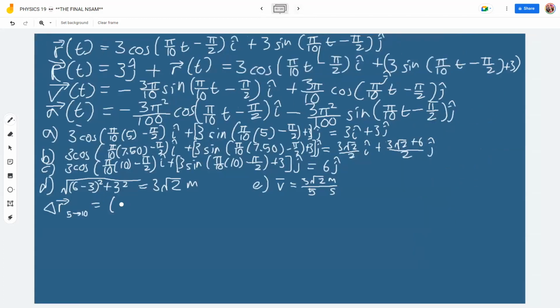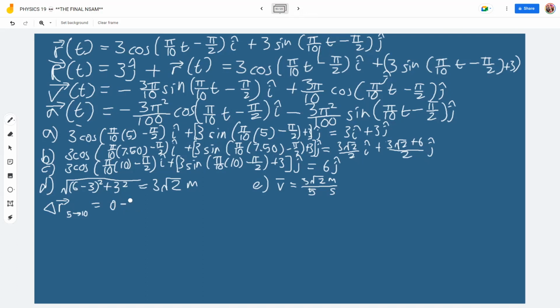So final position minus initial position. So, di ba final position is 6j hat? Hindi, I think sulat mo instead of writing that directly, pakita mo yung from the definition.